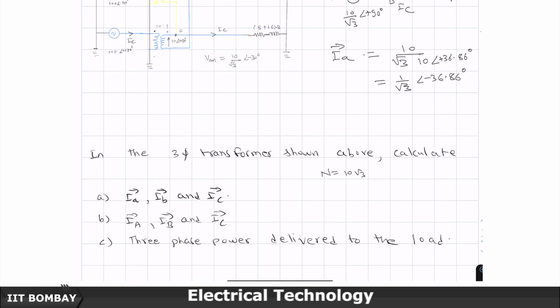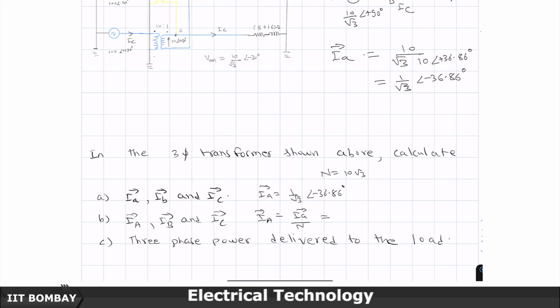So therefore capital IA, let me write this here. Answer I have got 1 by root 3 at an angle of minus 36.86 degrees. Now capital IA is going to be equal to small ia by N.